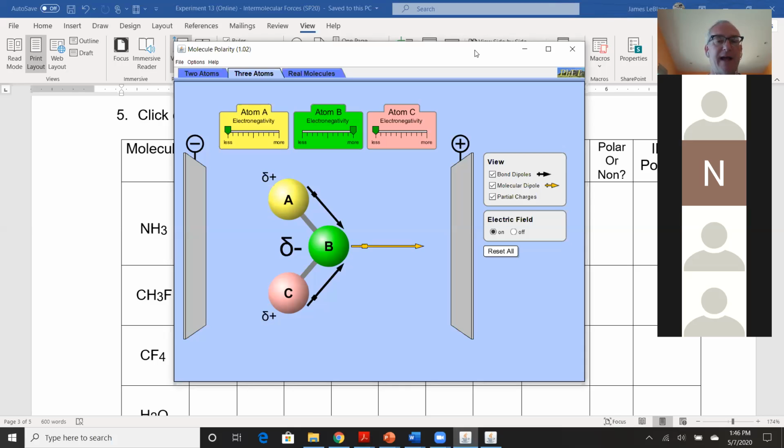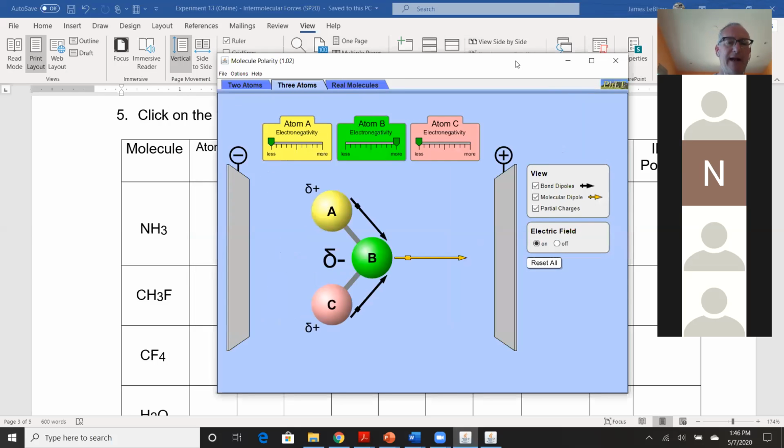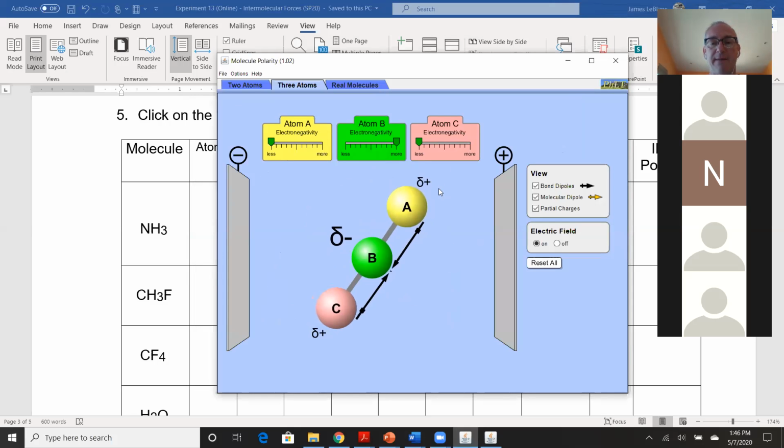I'll have to find some way to get this to work without Java, because this is important. Anyway, let's go to the real molecules, so you guys can play around with this and see how the polarity is involved with not only the shape, but the dipoles involved.